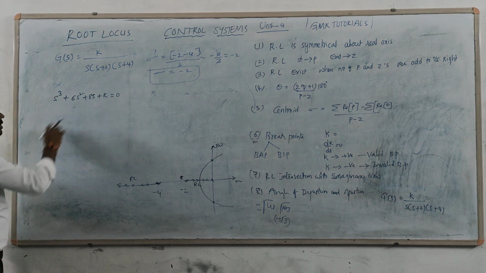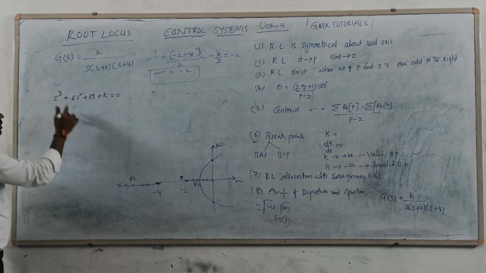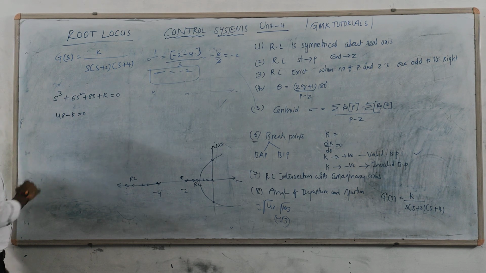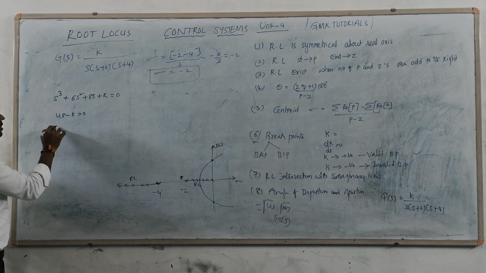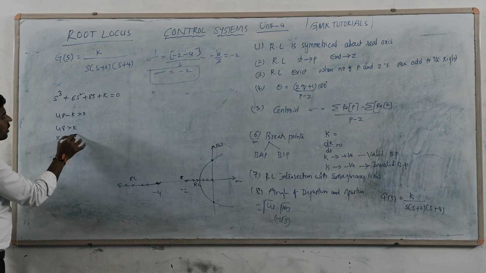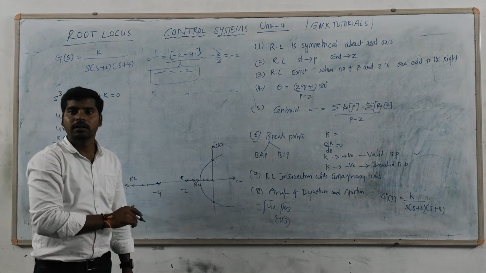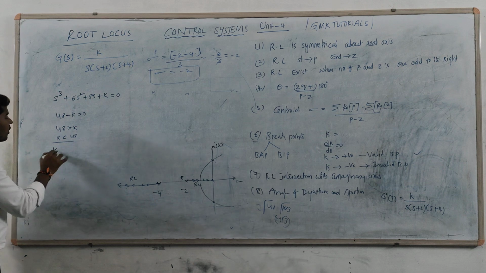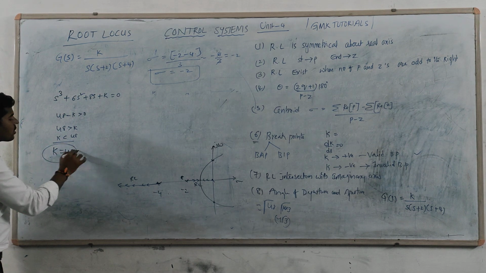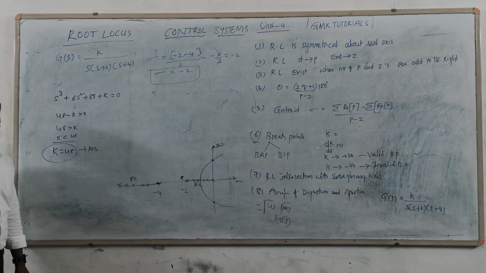Inner product is 8 times 6, 48. 48 minus external product, k into 1, k greater than 0. That means 48 greater than k, therefore k less than or equal to 48. For k less than 48, the system is stable. If k is equal to 48, the system approaches marginally stable. That is the point already discussed in RH criteria also.